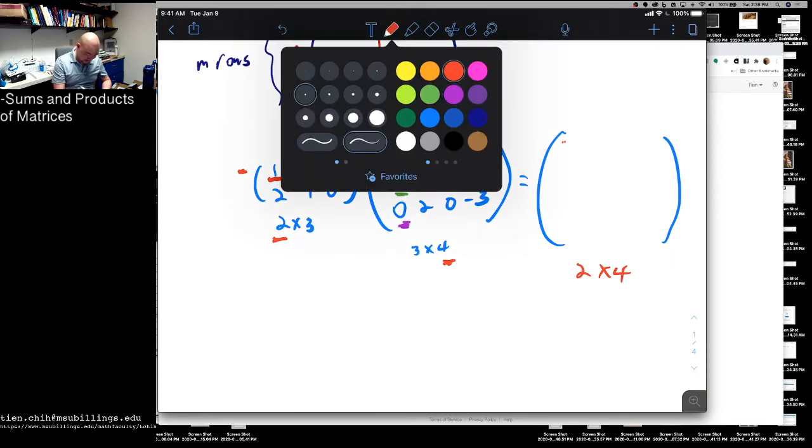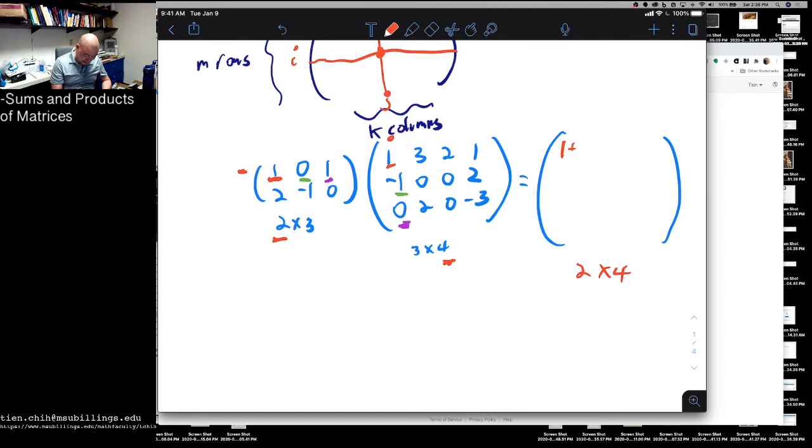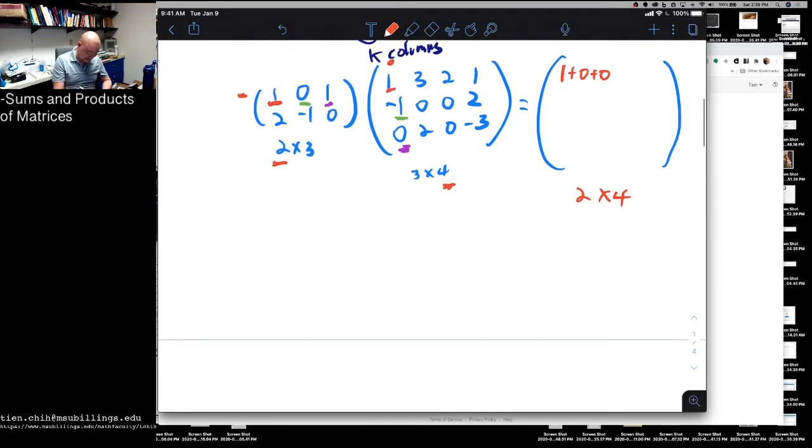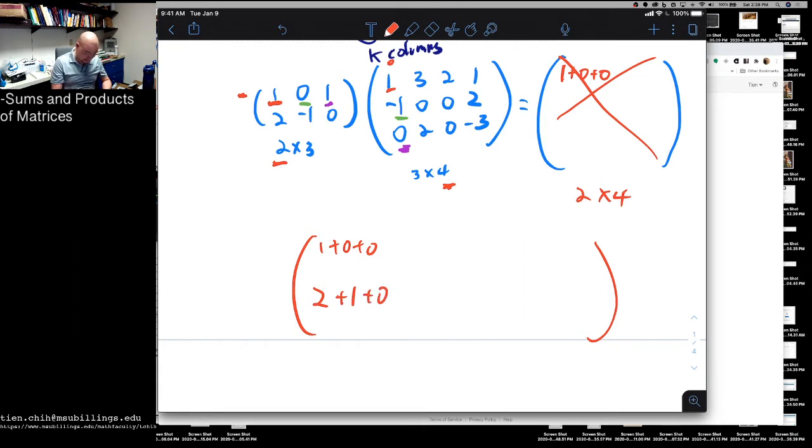So the first entry of my resulting matrix is going to be 1 plus 0 plus 0. Then underneath it, I have 2 times 1, so 2, negative 1 times negative 1, which is 1, 0 times 0, which is 0, and that gives me my first column.